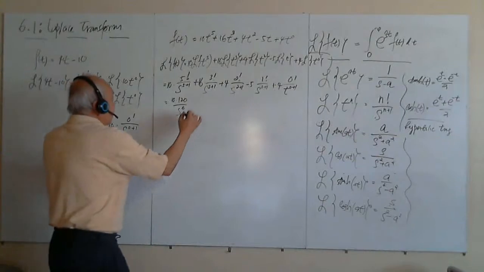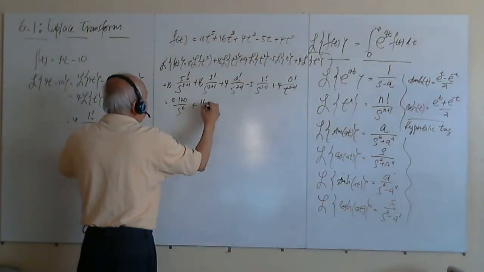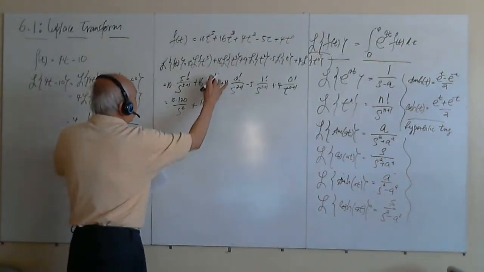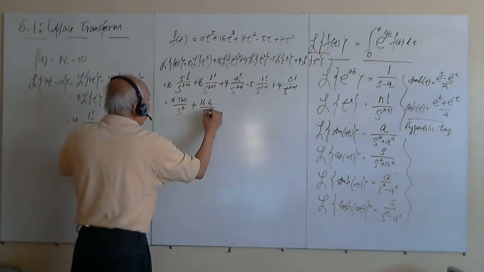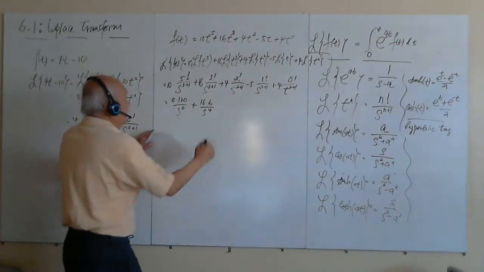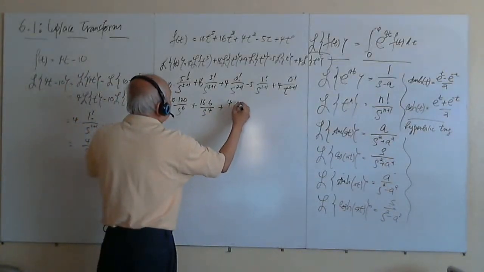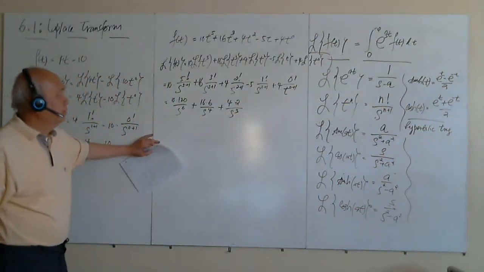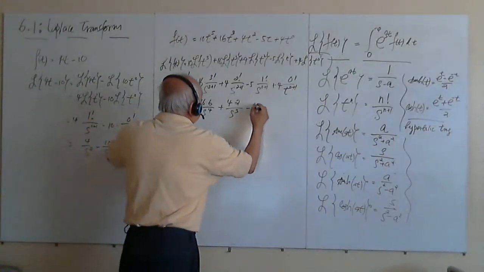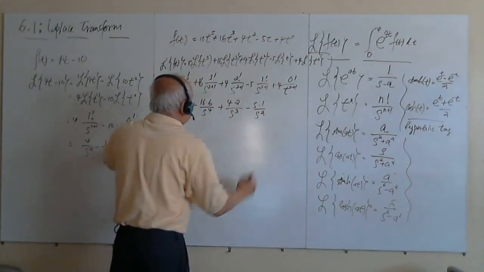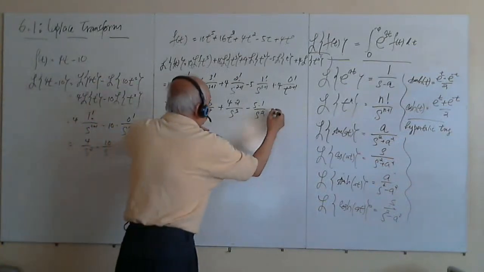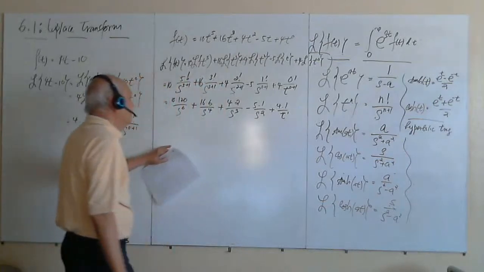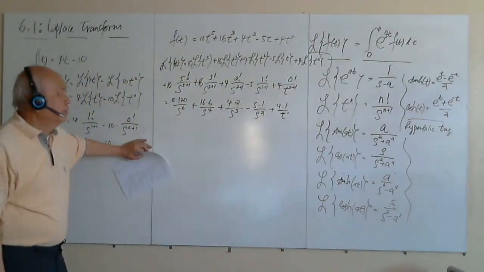Then 16 times 6, since 3 factorial is 6, over s to the 4th. Plus 4 times 2 over s to the 3rd. Minus 5 times 1 over s squared. And plus 4 times 1 over s to the 1st. That's it.